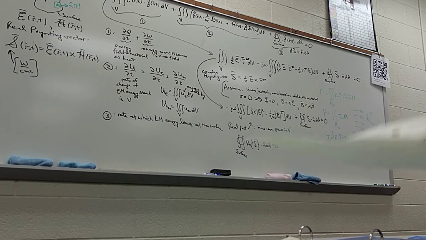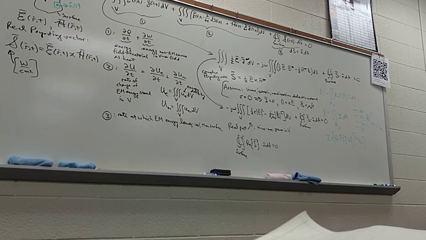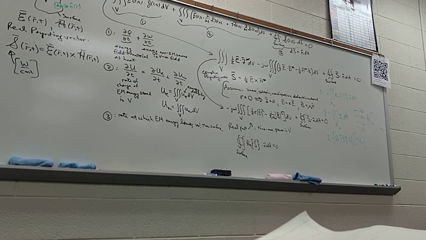So for an electromagnetic plane wave, the complex amplitude vector, I'll put in the r just to put it in there, is some constant complex vector E naught times e to the minus j k dot r.